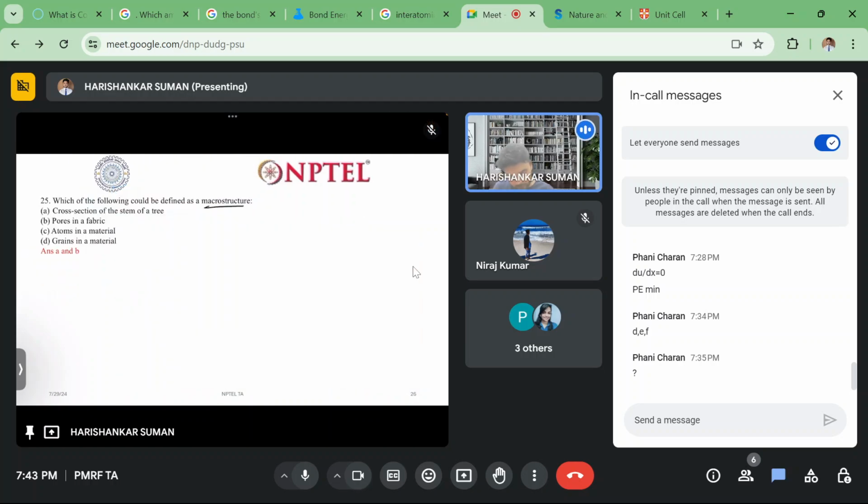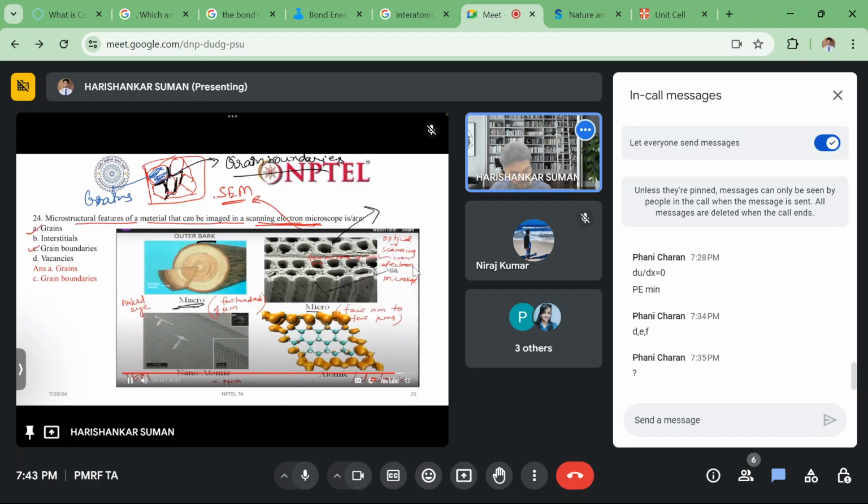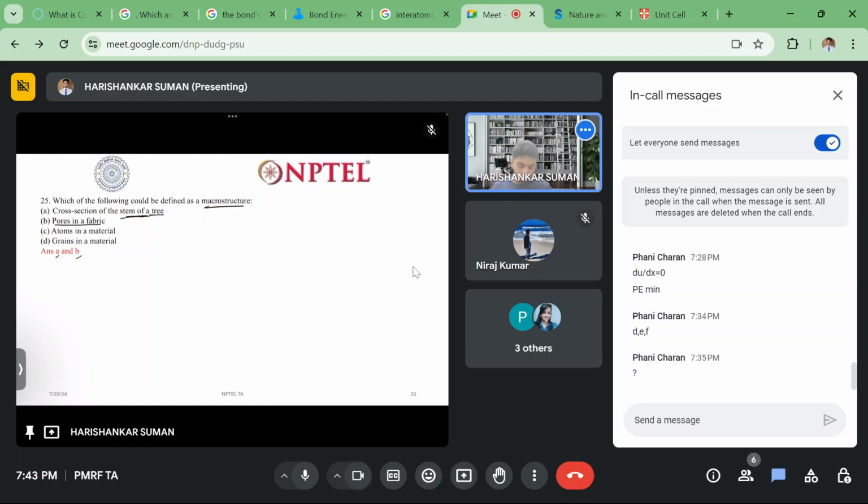So please choose the right option. We have already seen the cross section image of the stem of a tree, and the weave of fabric. Okay.